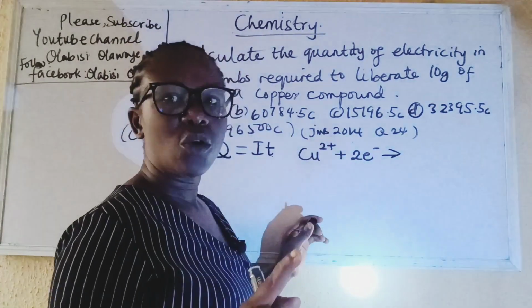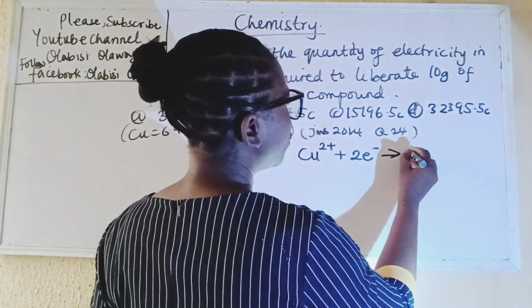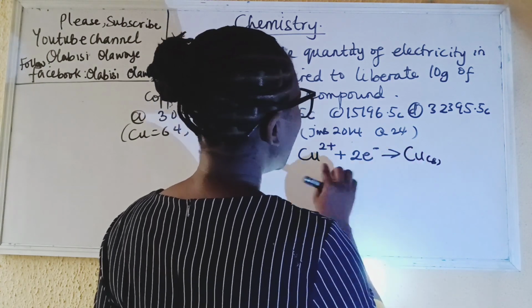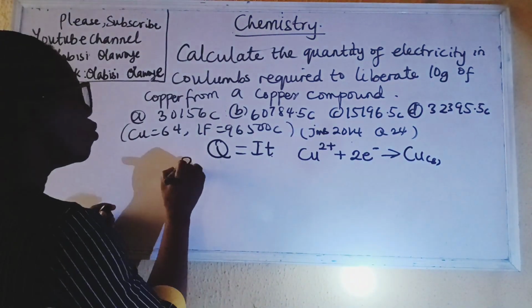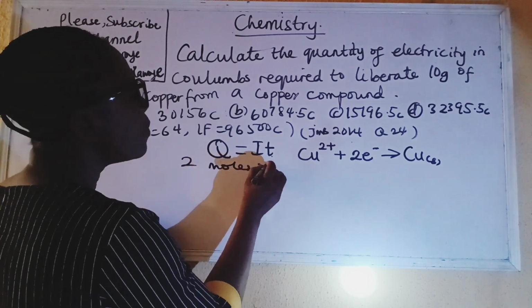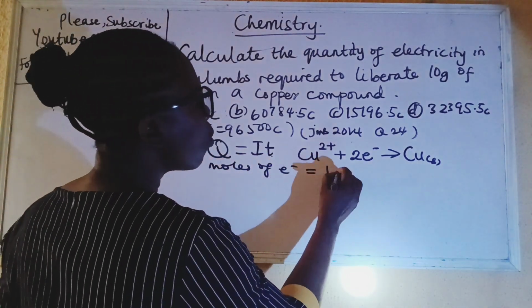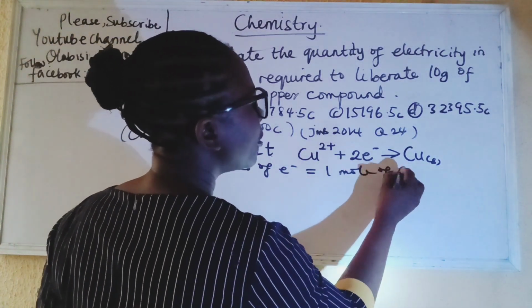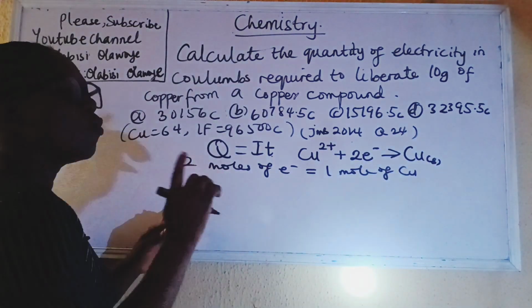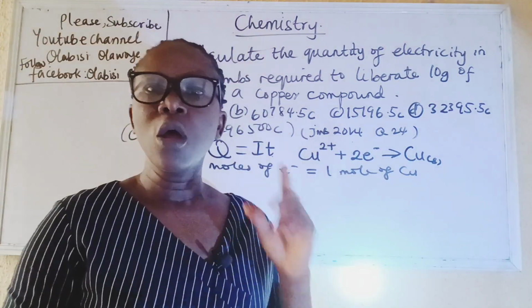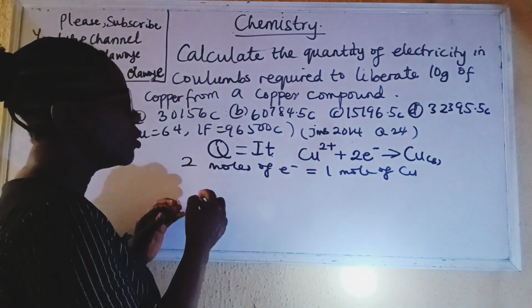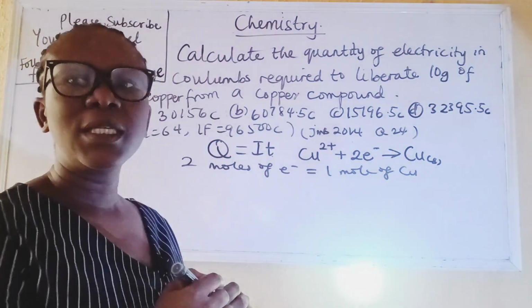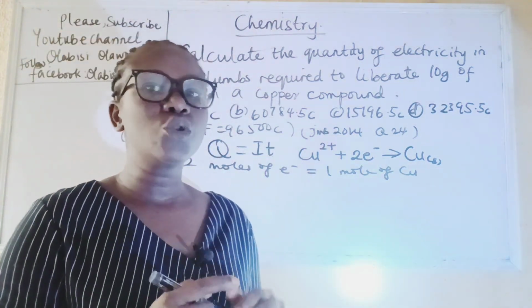That is reduction, while oxidation occurs at the anode to give copper solid. And the equation is balanced. So it requires 2 moles of electrons to produce 1 mole of copper from this half reaction. And 1 mole of electron is equivalent to 96,500 coulombs.